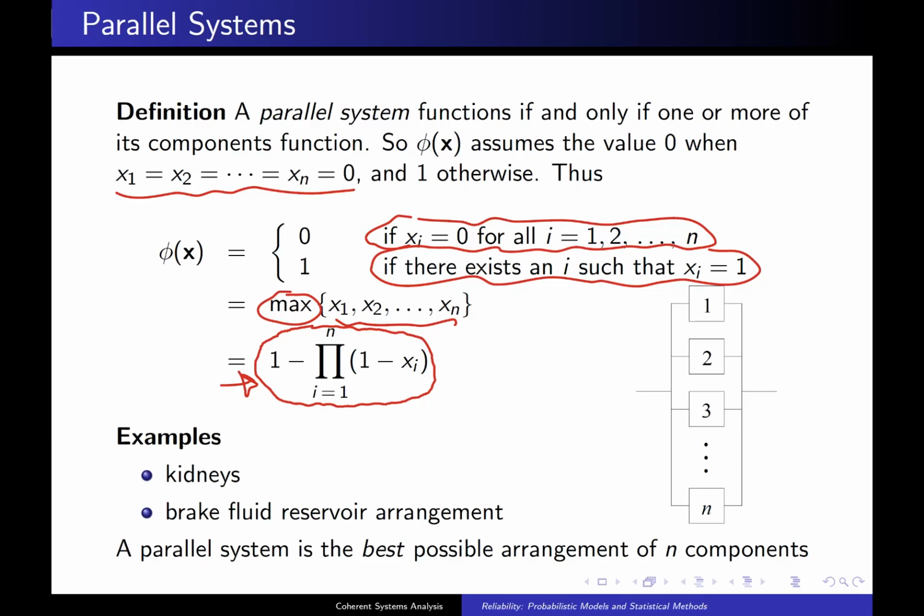When you take two pencils to an exam, you're not using both of those pencils at the same time. You're writing with one of them, and the other one is not subject to failure. And so that is known as a two-component cold standby parallel system. The brake fluid reservoir arrangement that you saw before had some parallel and series arrangements to it.